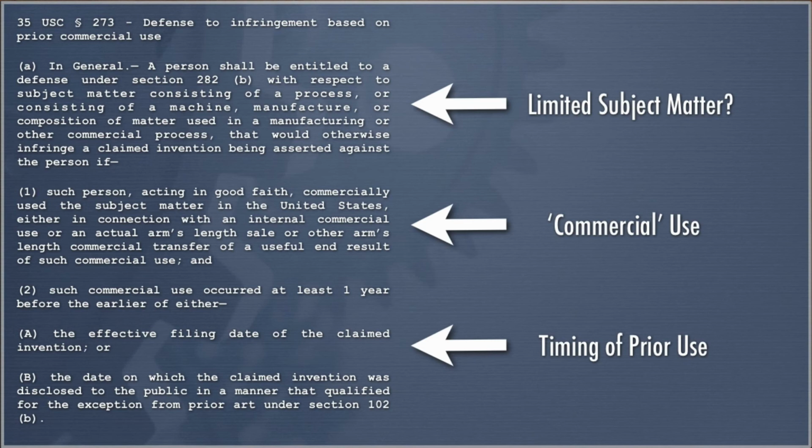So the timing of the prior use, so it has to be a commercial use. The timing of the prior use is a year before either the filing date or the date that the patentee discloses the invention him or herself. Right? That's the basic set of rules.